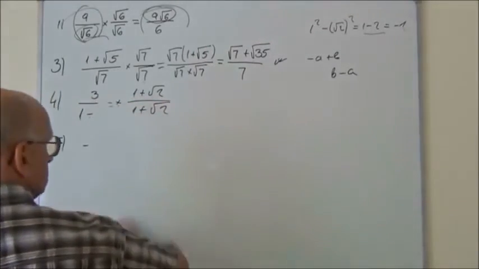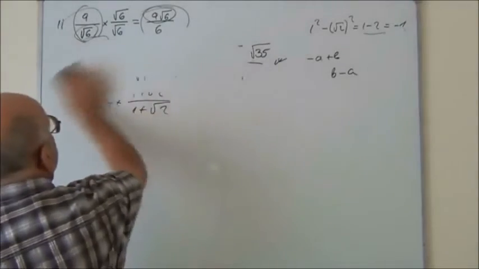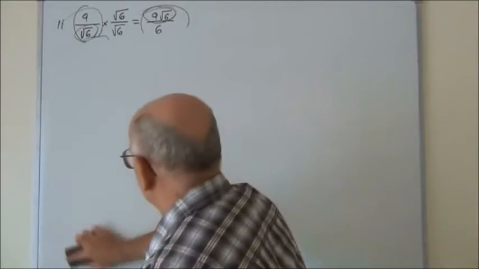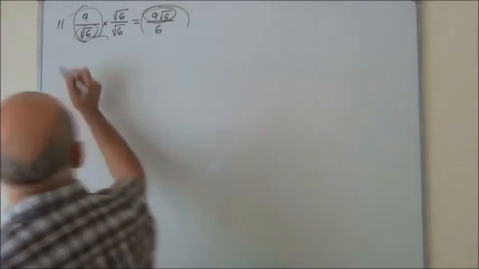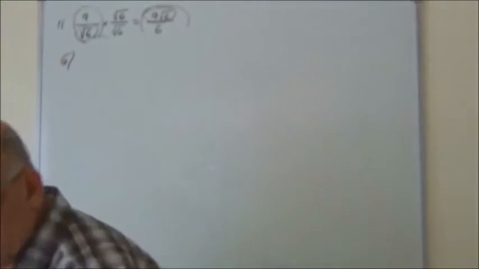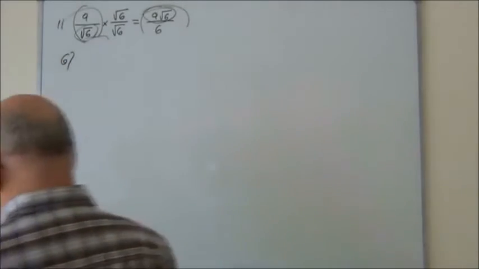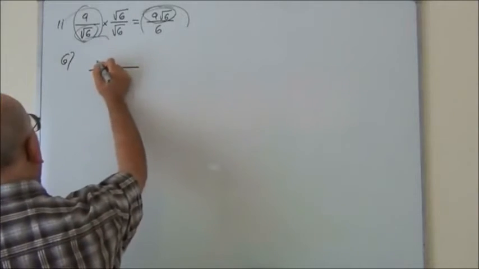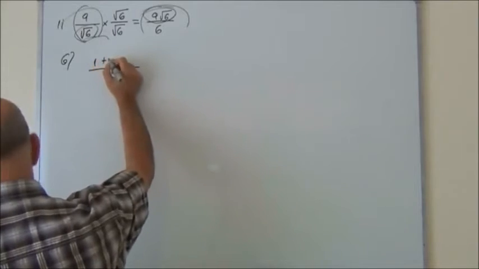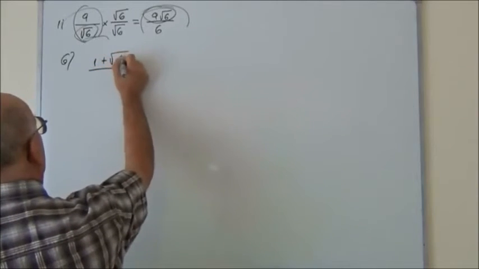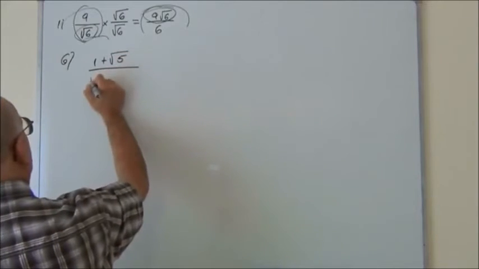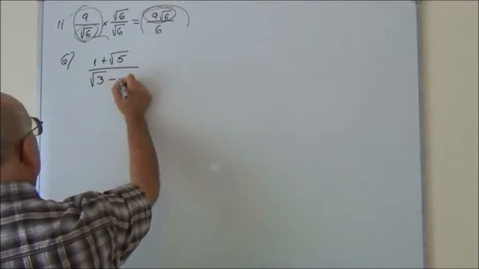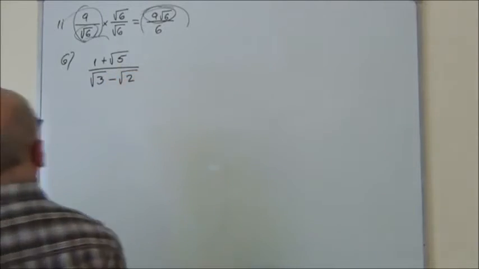So question 6. We have 1 plus root 5 over root 3 minus root 2.